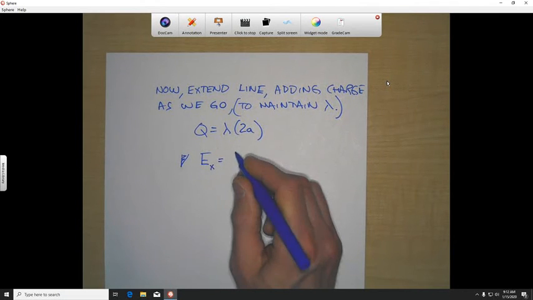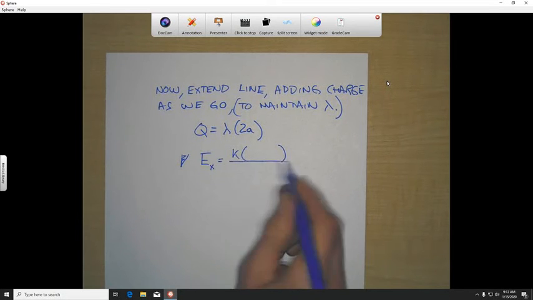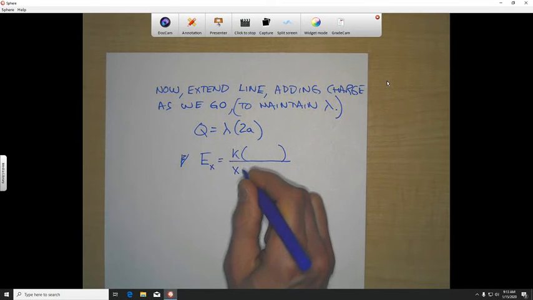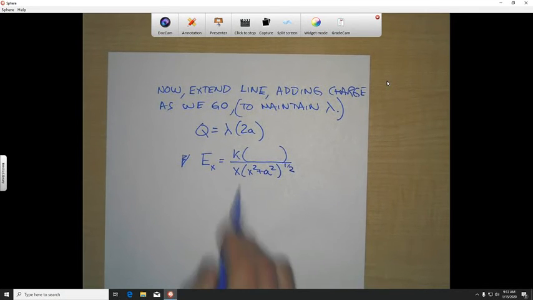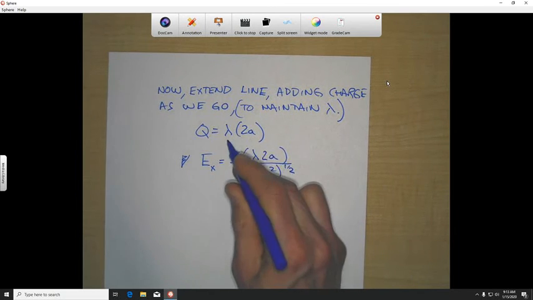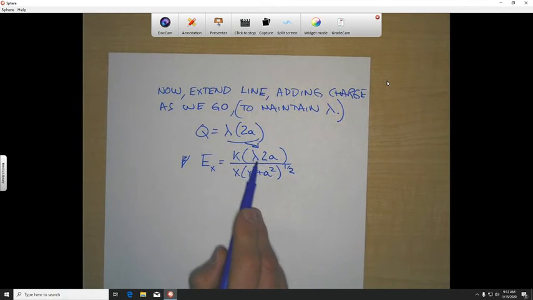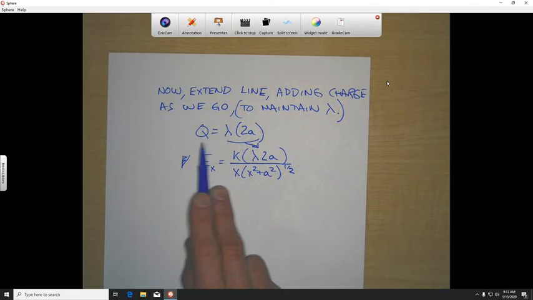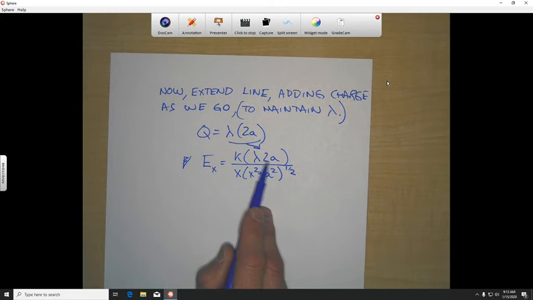E is equal to k times q over x times x squared plus a squared to the 1/2. But for q, I'm going to write this. I'm going to just plug that in. That's important, right? Because if I'm making a longer, I'm also increasing q. So this is a very important thing to substitute here, the fact that there's an a built into it and a lambda built into it.